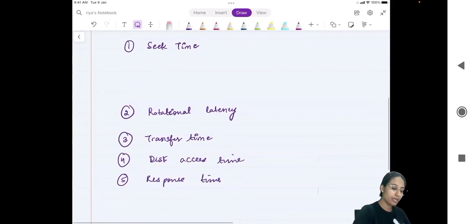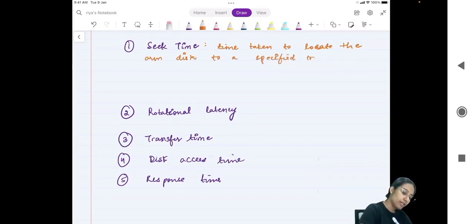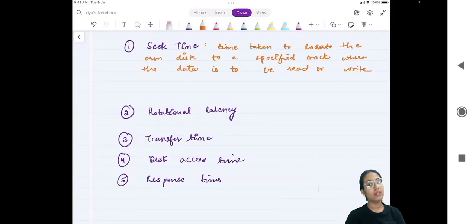Seek time is the time taken to locate the disk arm to a specified track where the data is to be read or written, and the lower the average seek time, the better the algorithm is.